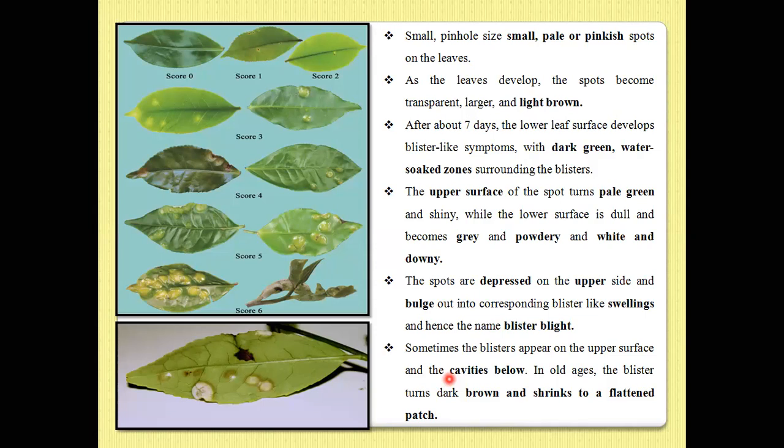This disease was first reported from Assam in 1868. It continues to spread widely, both in the northern part as well as the southern part of India.